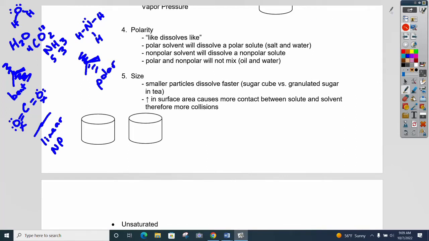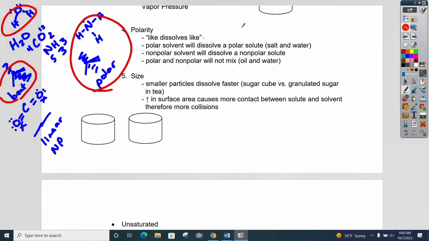Okay, so which of those 2 is more likely to dissolve in water? The polar NH3 is more likely to dissolve in the polar water. For the CO2, because it's nonpolar, you would need a nonpolar solvent, something like, say, CH4, methane, or anything they give you that is nonpolar.